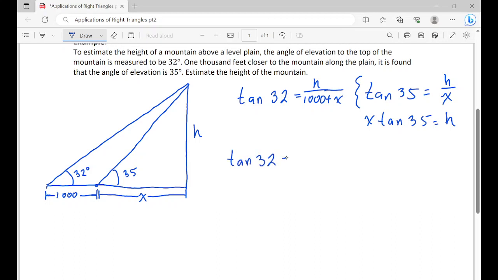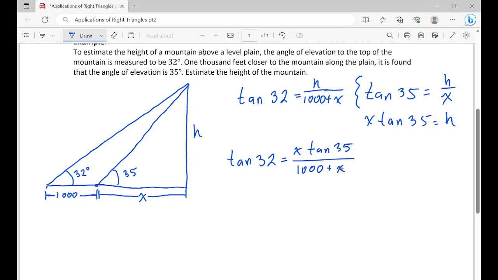So that's what I'm going to do. Tangent of 32 equals x tangent 35 over 1,000 plus x. Now from here, it's just going to be straight algebra to solve for x.